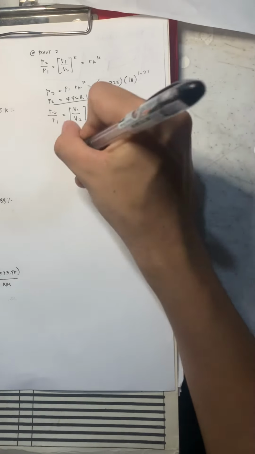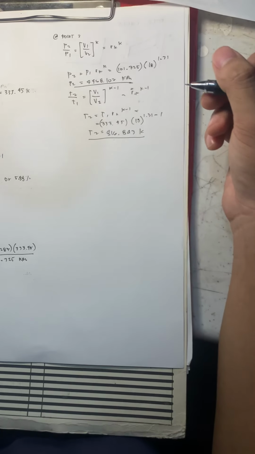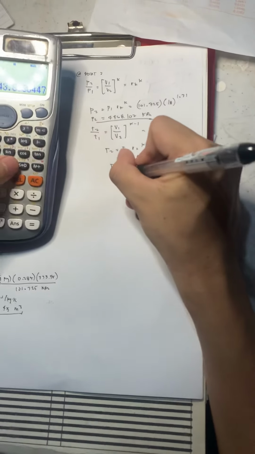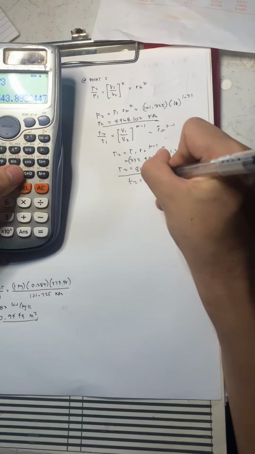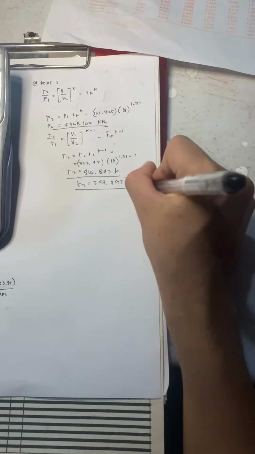By solving, T2 is 816.893 Kelvin, or 543.893 Celsius.